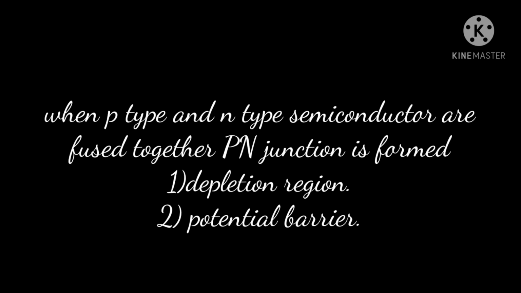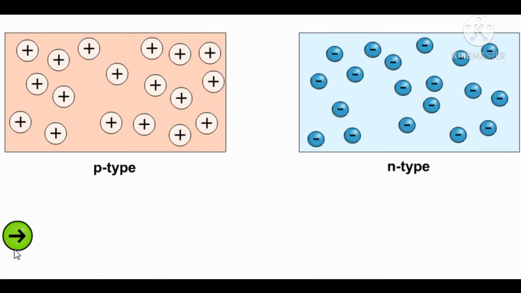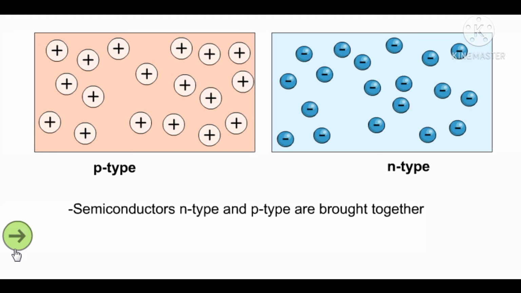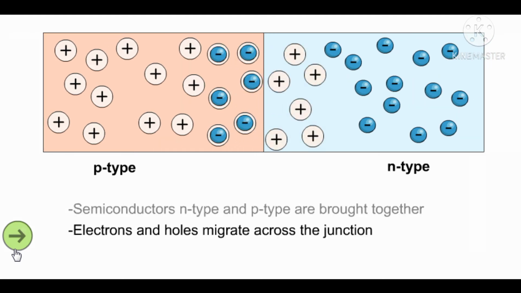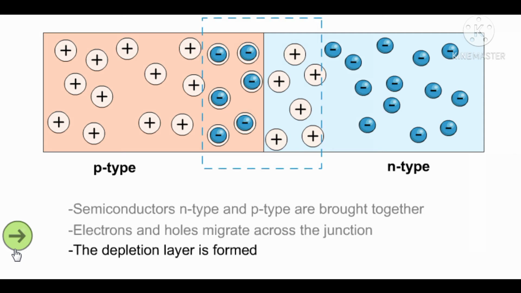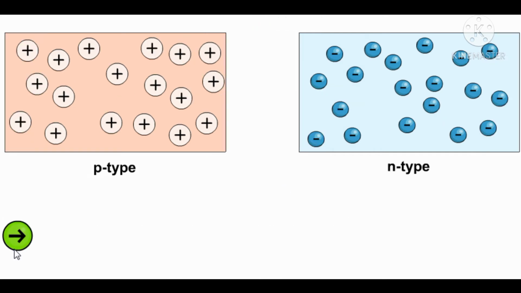Now we have to study some more concepts related to the p-n junction: depletion region and potential barrier. When the junction is formed, some of the electrons from n-type cross the junction and combine with holes near the junction. See in this picture, a dotted line indicates the depletion layer.